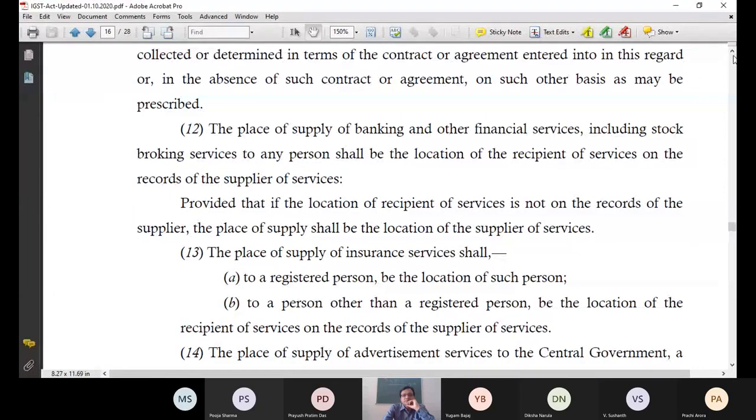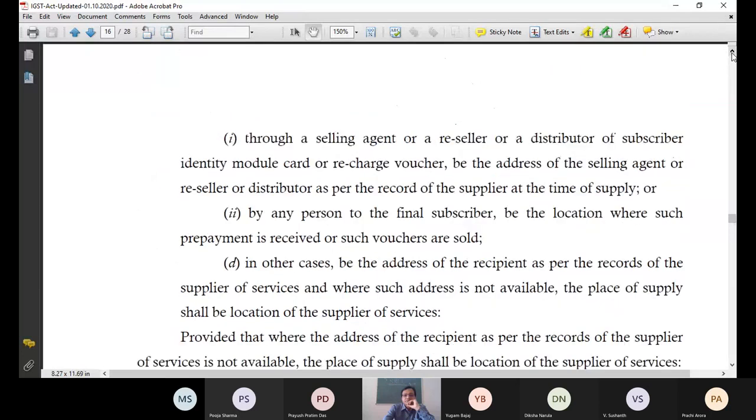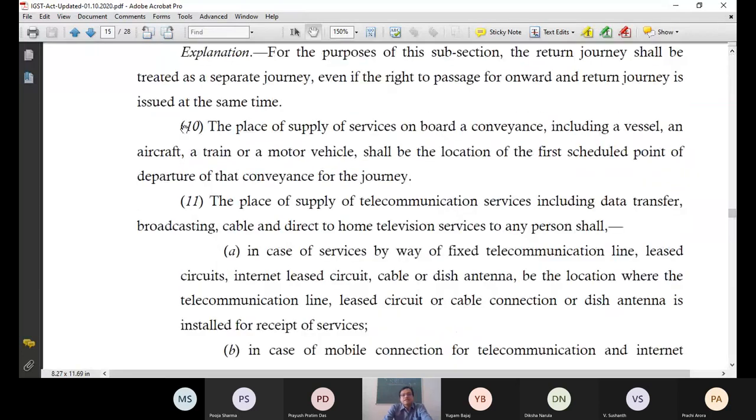Let me share with you the act first, IGST Act. This is section 12, subsection 10.